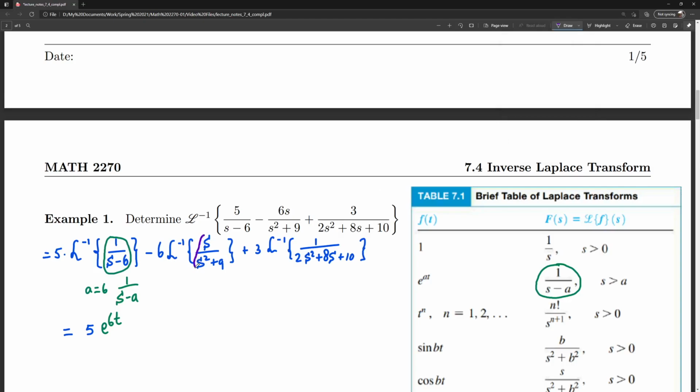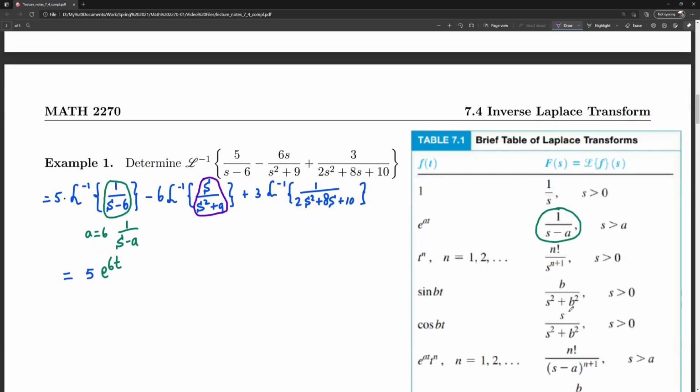the s over s squared plus 9, we want to compare that with this expression right here, s over s squared plus b squared. And what we see here is that b equals 3, when we compare that with s over s squared plus b squared.